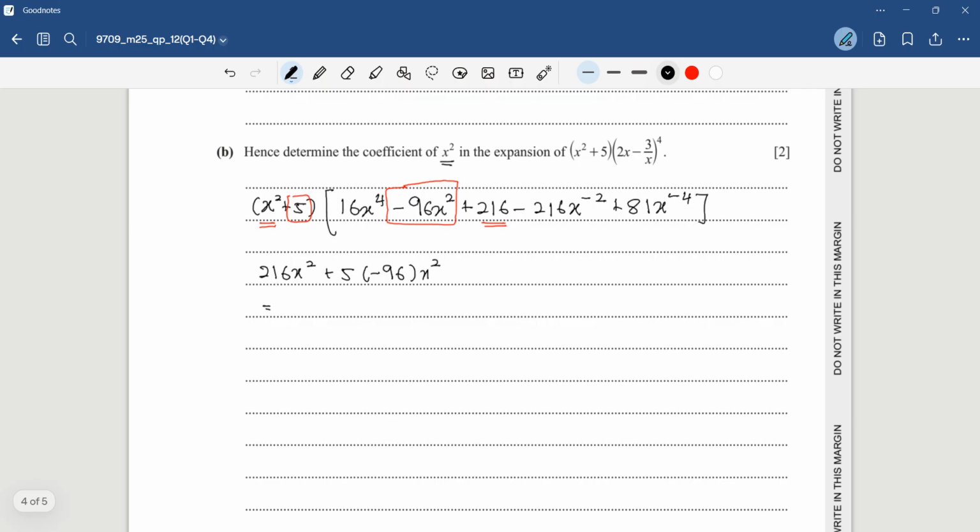So it's going to be negative 264 x squared. So the coefficient of x squared will be negative 264.